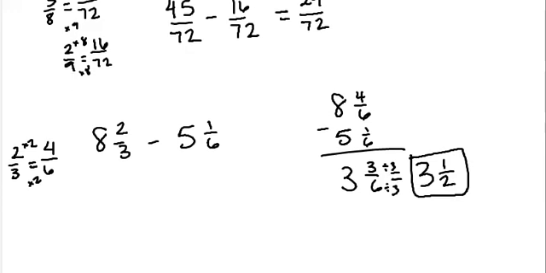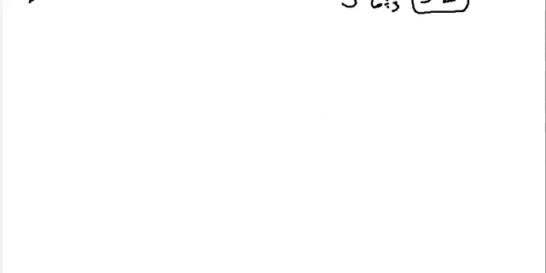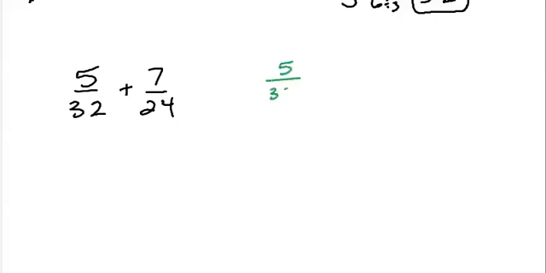Now, sometimes we might have fractions with very large denominators. 5/32 plus 7/24. How can we find the common denominator here, or the least common multiple? Using prime factorization would be very helpful. I'm going to take 5 over 32.